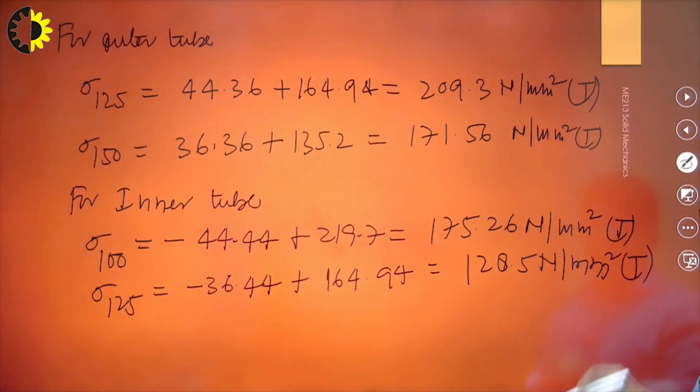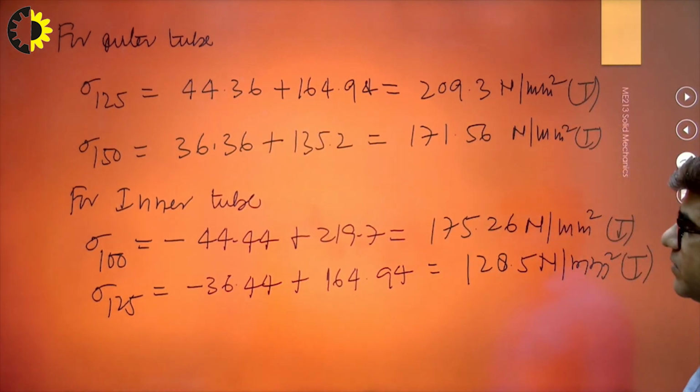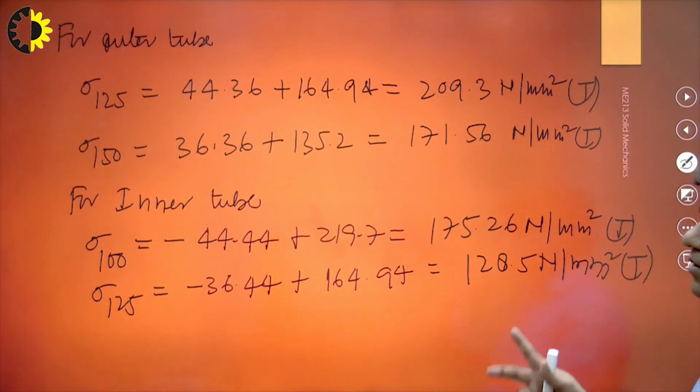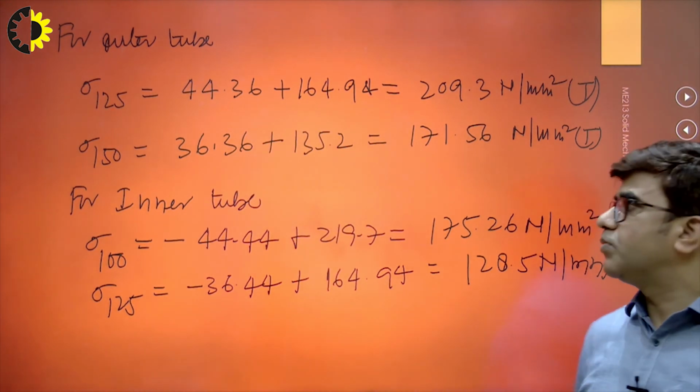Again this is tensile. So these are the hoop stresses considering both the shrinking effect and internal fluid pressure.